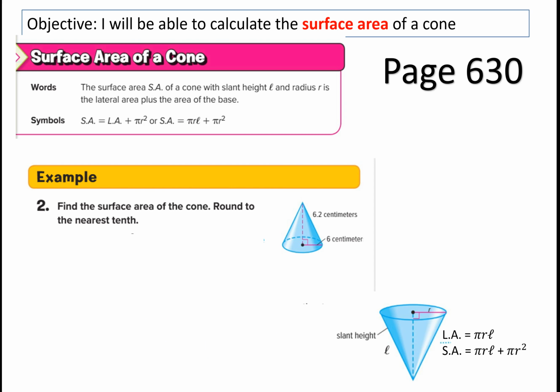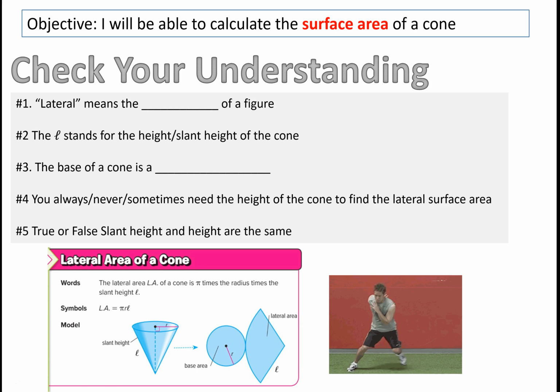All right, so we got the lateral surface area, which is just the side. So now we want to find the total surface area. The total surface area is the lateral plus the circle. If you remember, you have the circle here, and then you have the lateral area.